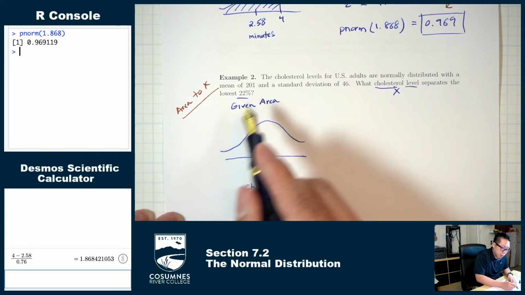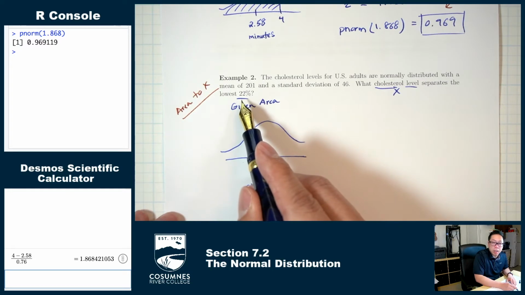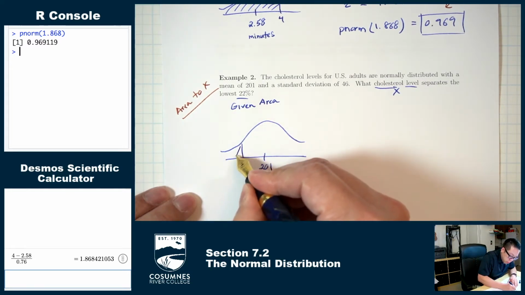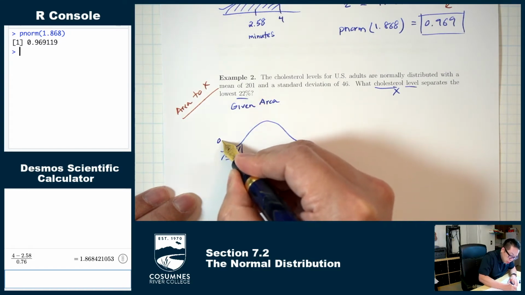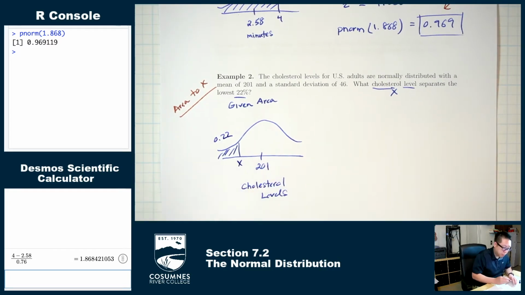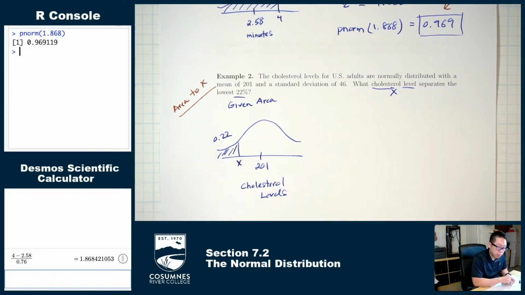I want the left area to be 22%. So I'm looking for the x that has a left area of 22%, which should be over here. Okay, and that's an area, so I'm going to label that up here. And I'm trying to find this missing x. I'm looking for the x that would have an area to the left of 0.22. And that's my setup.